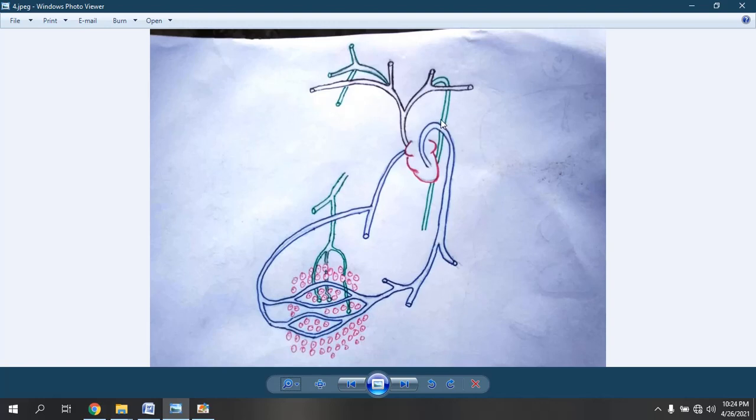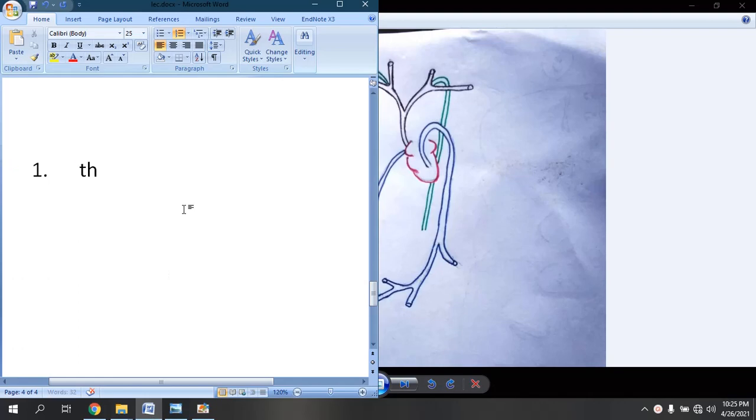The largest lymphatic vessels are the lymphatic ducts. Two lymphatic ducts are there inside the lymphatic system. One of the lymphatic ducts is this one. This is the largest lymphatic duct, and this is called the thoracic duct. I'm going to write it. Thoracic duct.